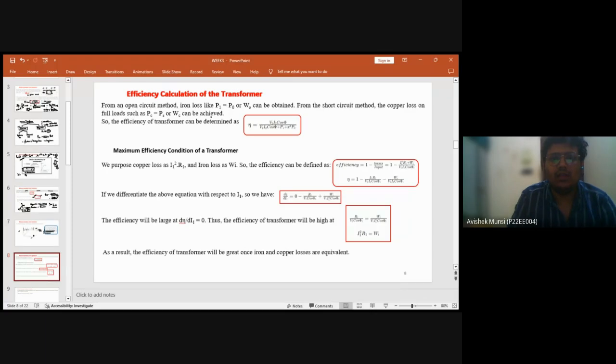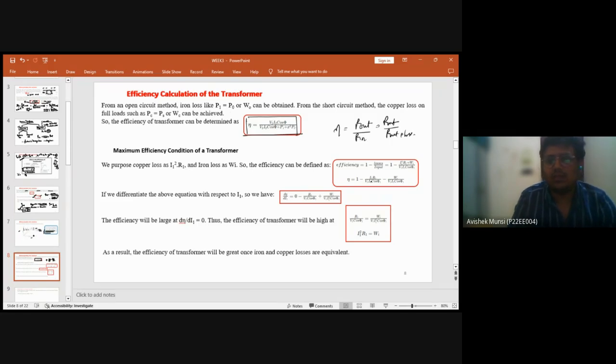Now, as I said, if you have a core loss, then this is the formula already discussed earlier. The efficiency is P out by P in, and this you can write as P out by P out plus losses.